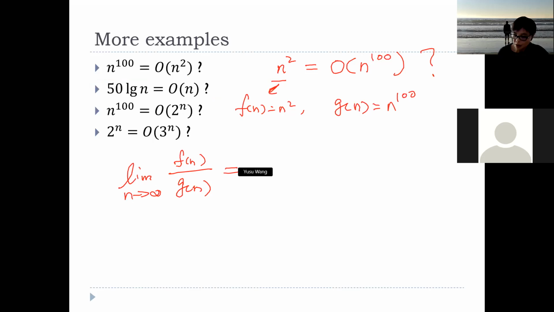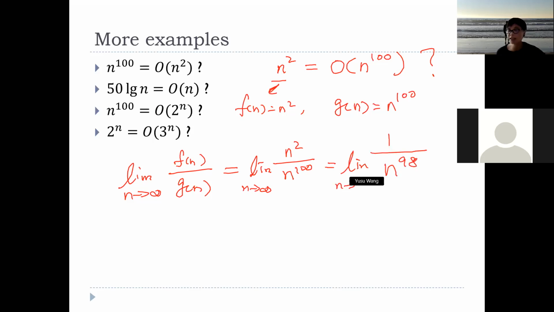The ratio is n squared divided by n to the power of 100, as n goes to infinity. This is the same as the limit of 1 divided by n to the power of 98, as n goes to infinity. So what is the limit of 1 over n to the power of 98?